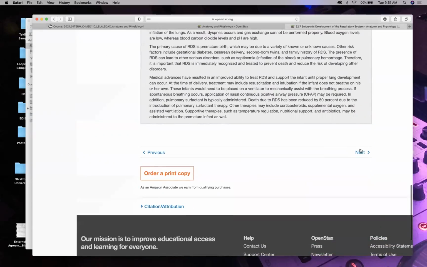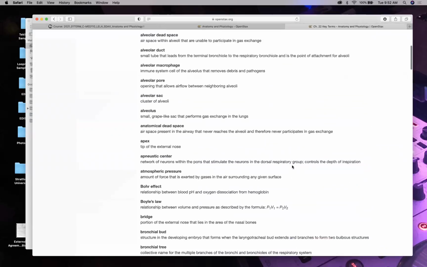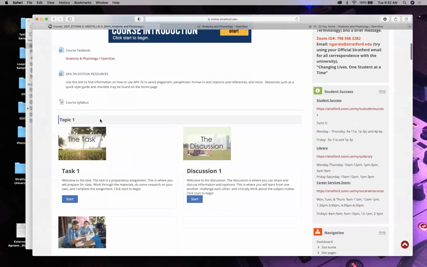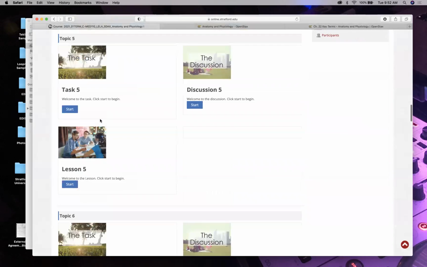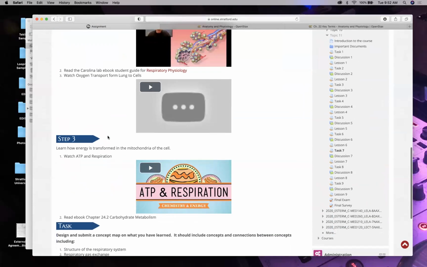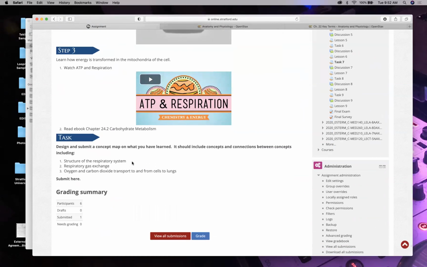Here's developmental of lungs. It's not. So let's now go back to see if we hit up all our points. Did we talk about the structure of the respiratory system and all its players? Yes, we did. Respiratory gas exchange with the alveoli?